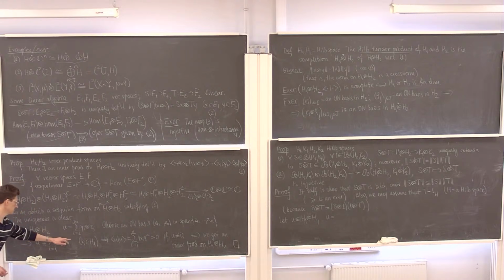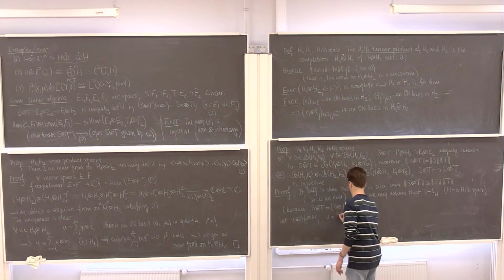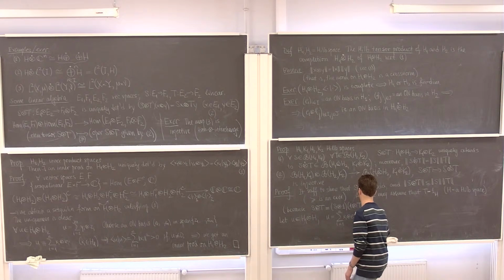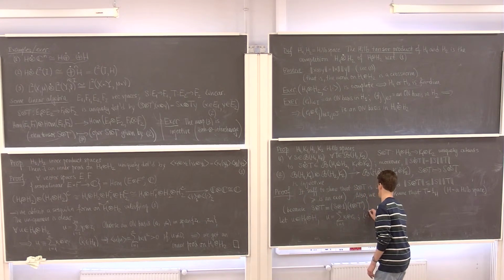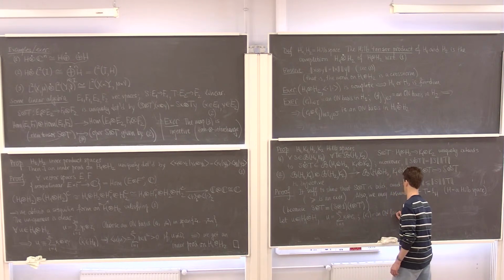We write it in this form, a finite sum from 1 to n of x_i tensor e_i, where e_i is a finite orthonormal family in H.